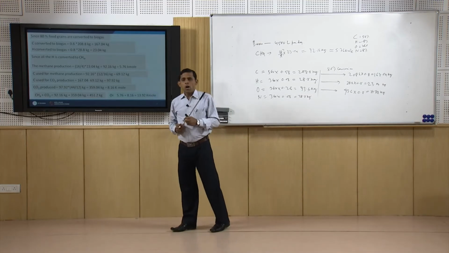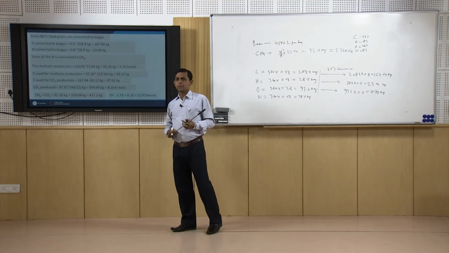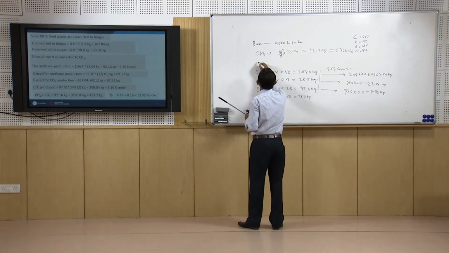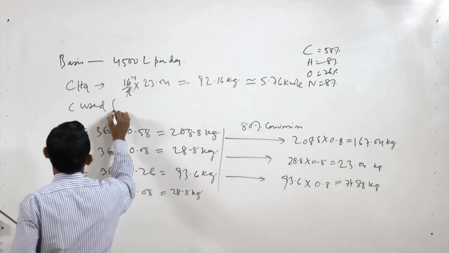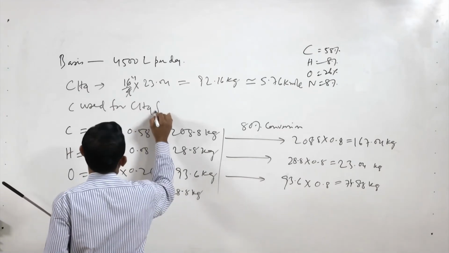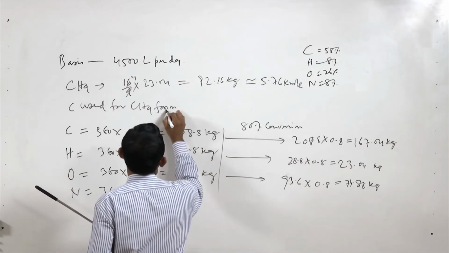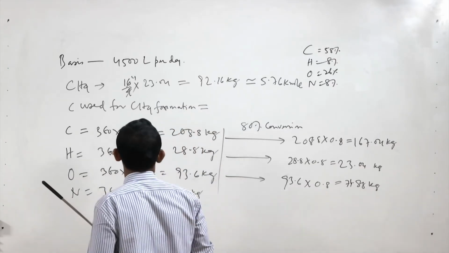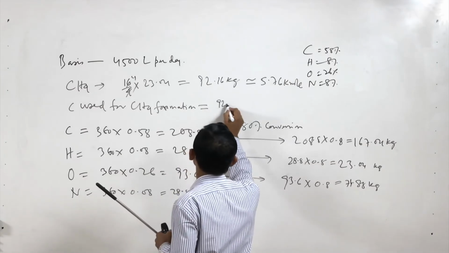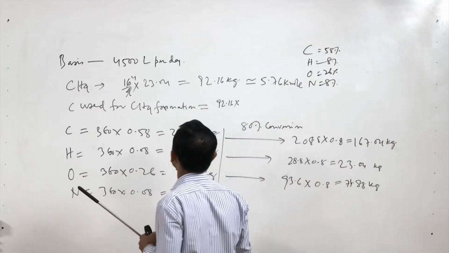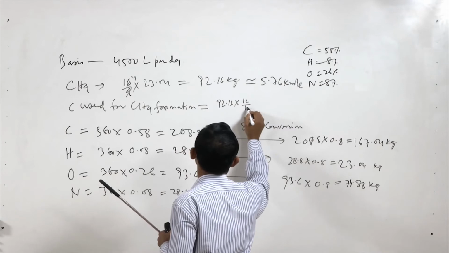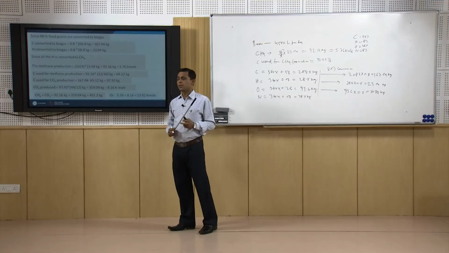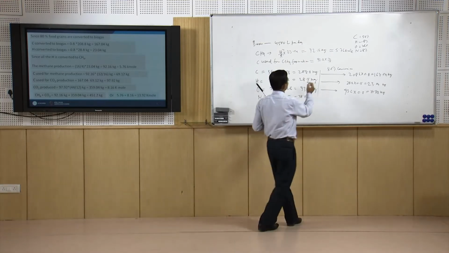Now, how much carbon is used for the production of this amount of methane? Carbon used for methane production is equal to 92.16 into 12 by 16, that is equal to 69.12.